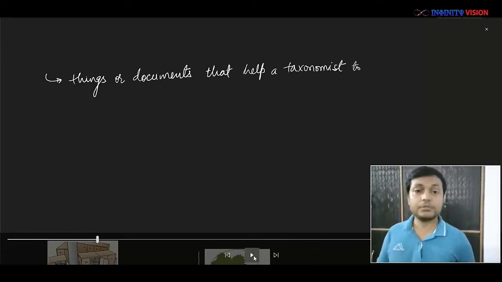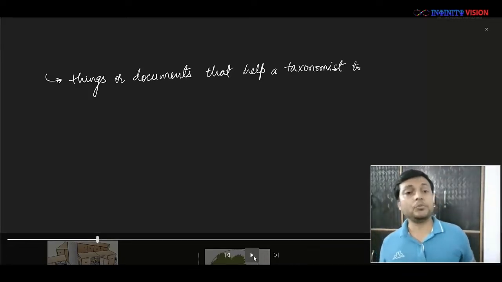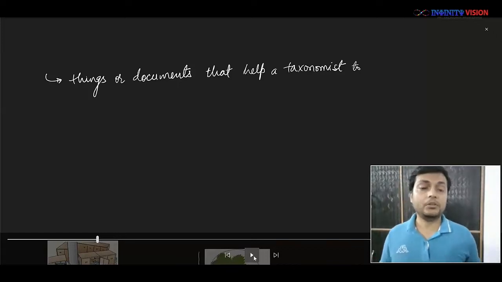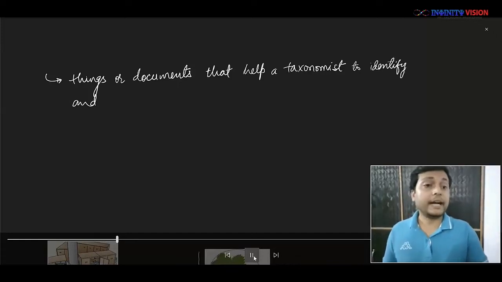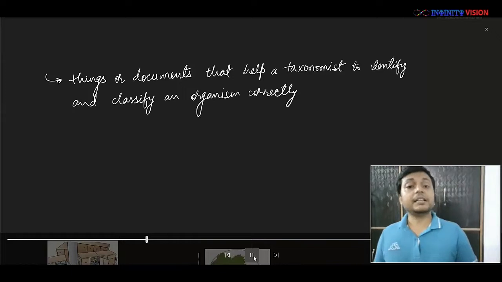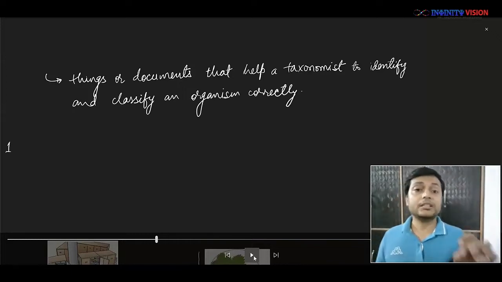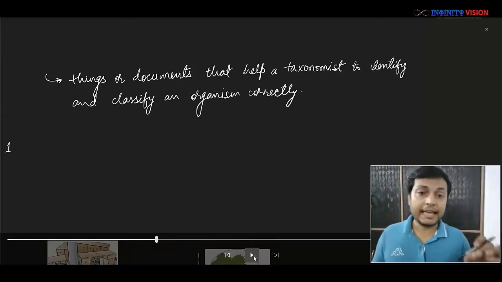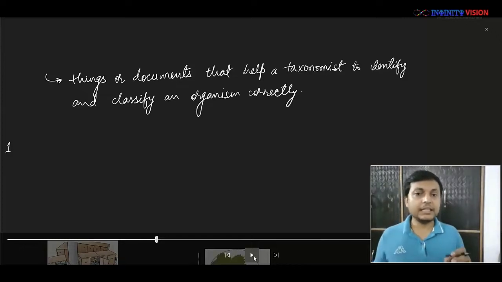Remember, a taxonomist is a scientist or a person who does taxonomy of any organism, right? The things or documents that help a taxonomist to identify and classify an organism correctly are known as taxonomical aids.